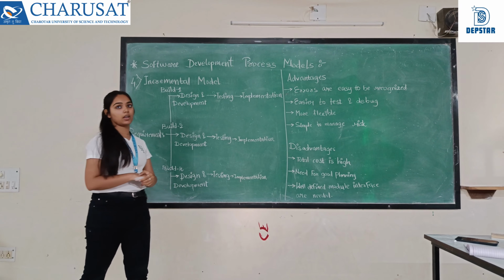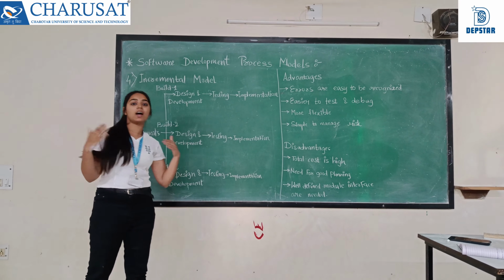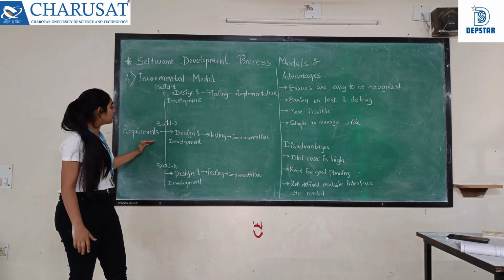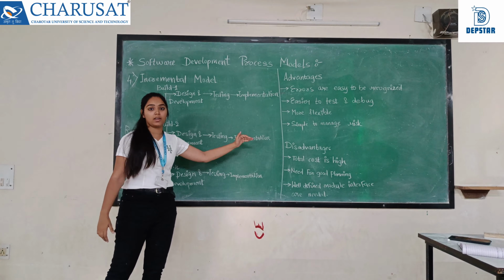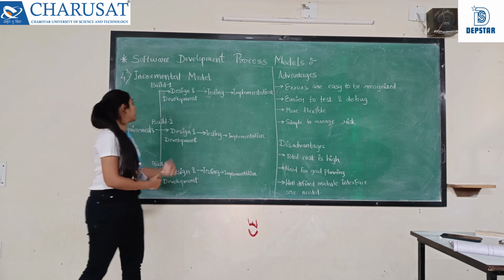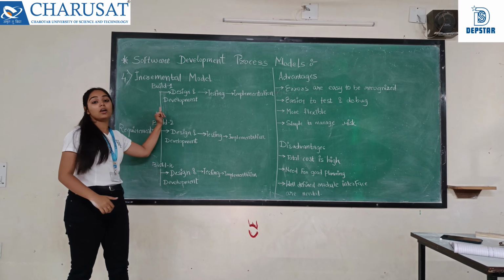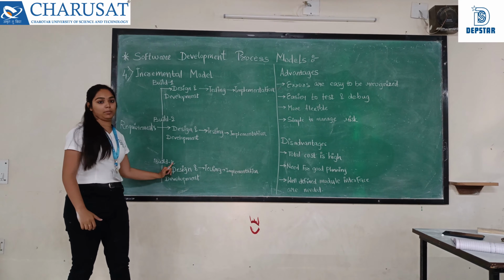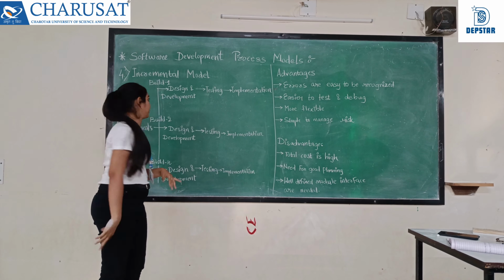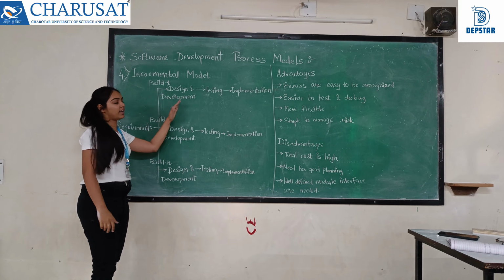As a project manager, I will ask the customer for the requirements. I will follow certain steps, but the steps will be followed in multiple ways at a time, meaning build 1, build 2, build n, in a parallel way. The steps are design and development.